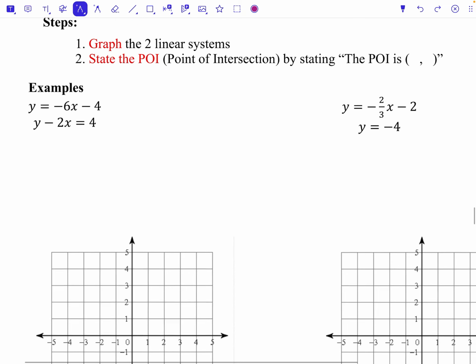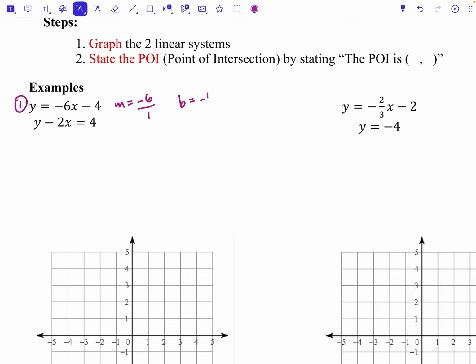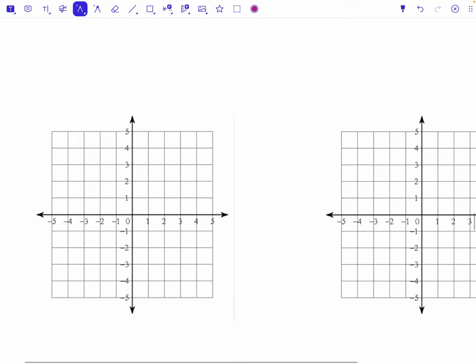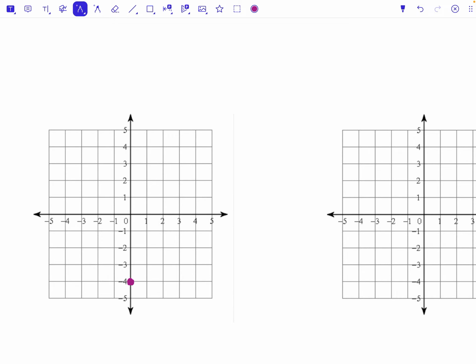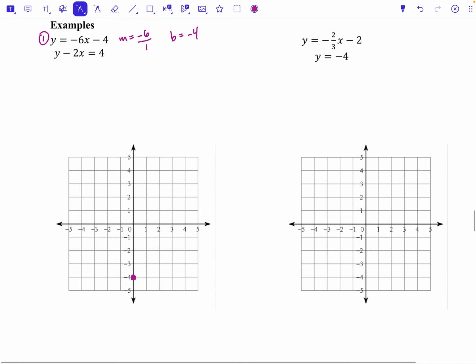So let's look at this equation here. Here we have equation number 1, okay? Here the slope is -6, and we would assume that's over 1. And the y-intercept is -4. So on the graph below, -4 is my y-intercept. And then I'm supposed to go down 1, 2, 3, 4, 5, 6, and over 1. Well, that's a real pain because it's not on the graph.